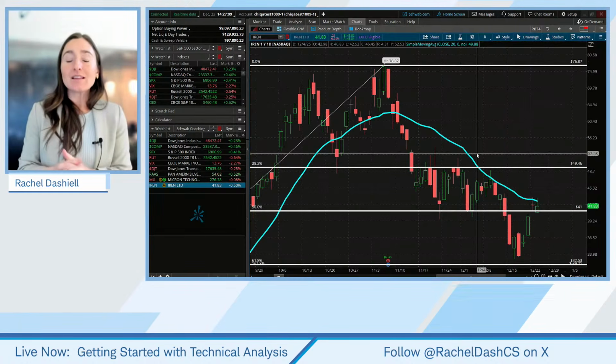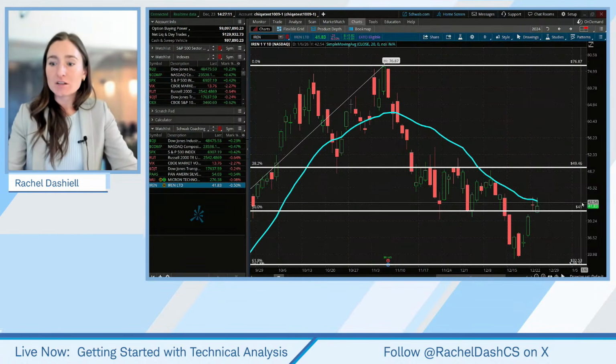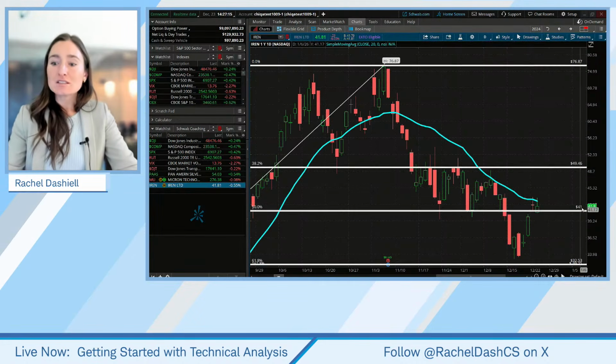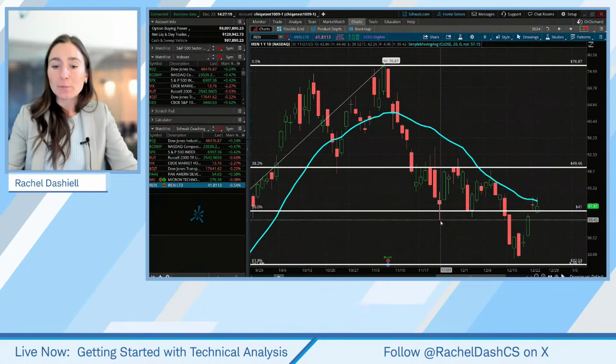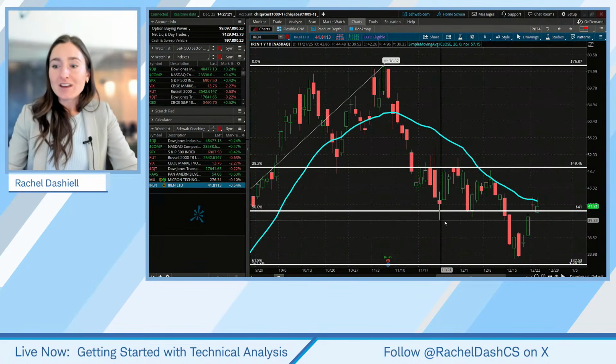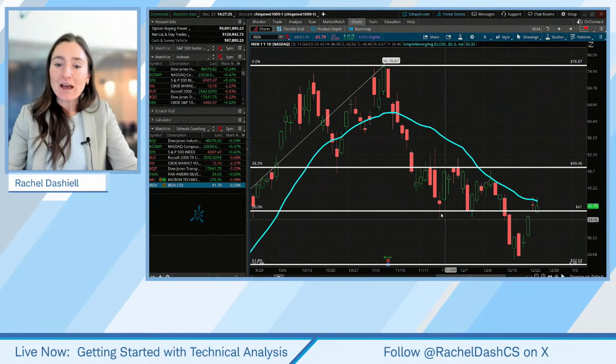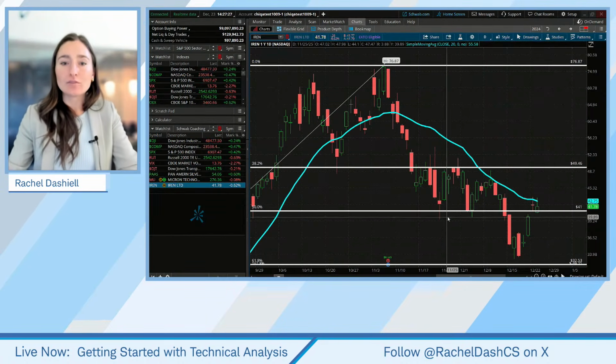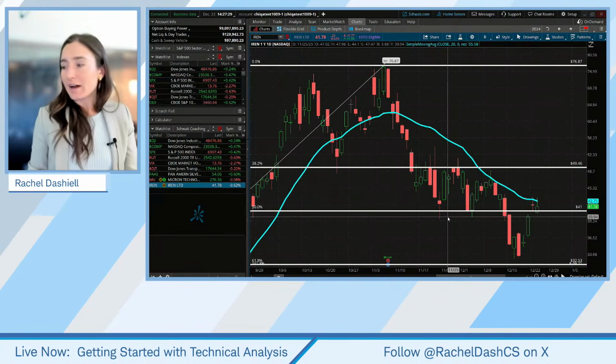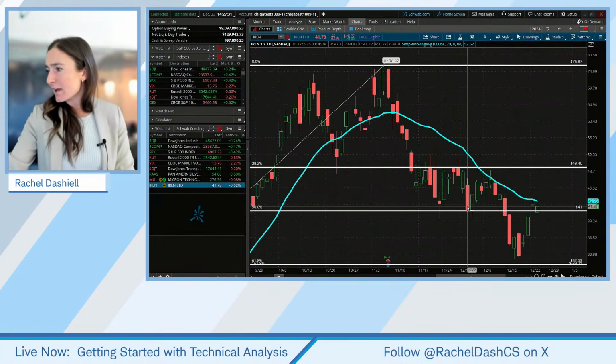I know a lot of traders, if they see a round number, in this case, instead of putting their stop right at 41, they may put their stop a little bit below it, maybe at 40 or 39, so you're not getting whipsawed out of that trade. So hopefully that makes sense.